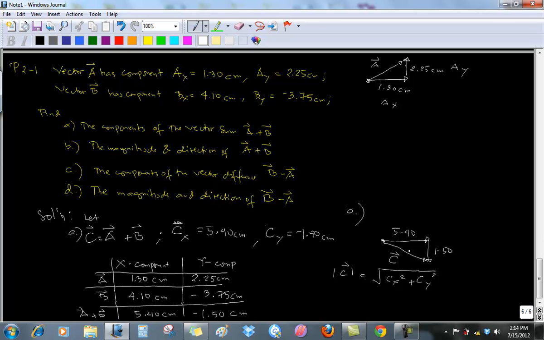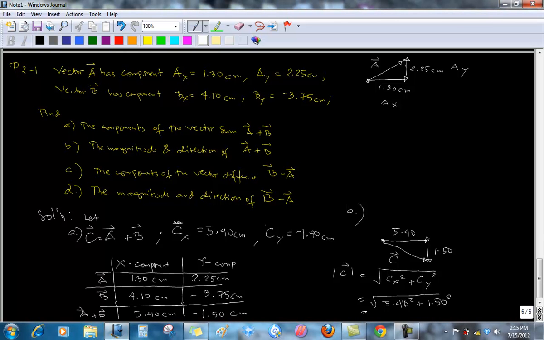Here, a is Cx and b is Cy. We take the square root since we are looking for c. So the magnitude of the vector is the square root of 5.40 squared plus 1.50 squared. Take the square root, and the answer will be 5.604.